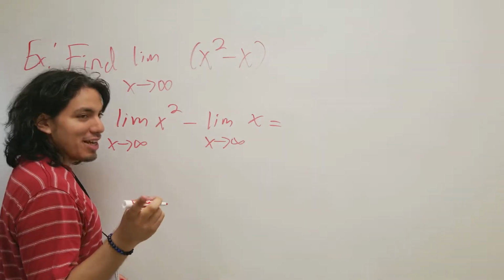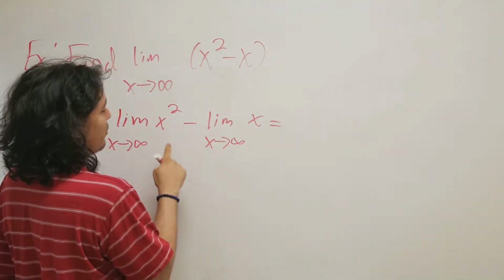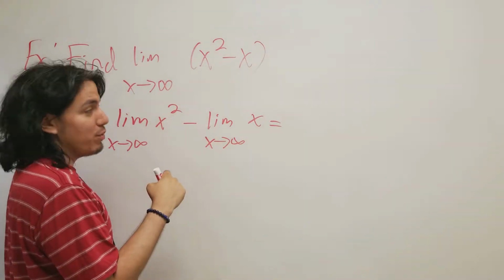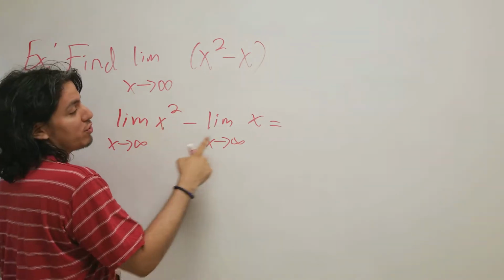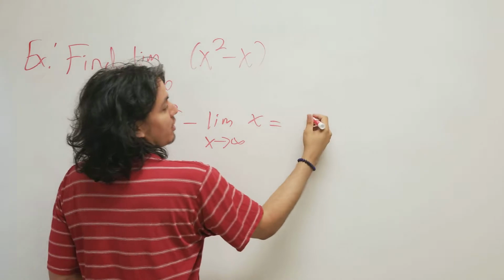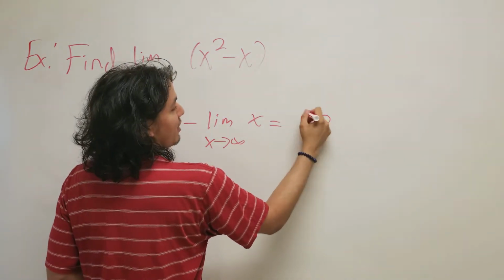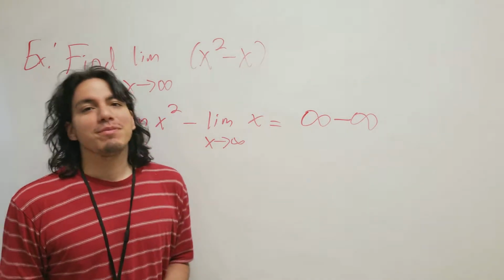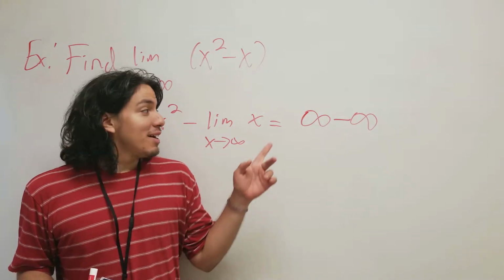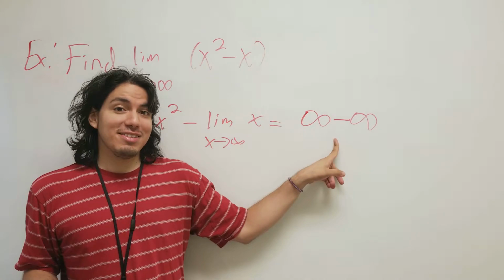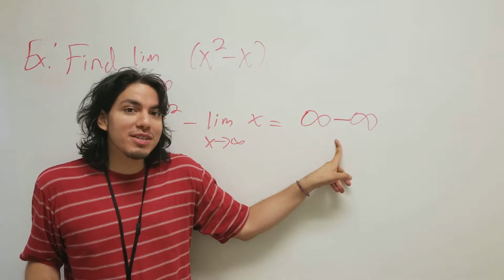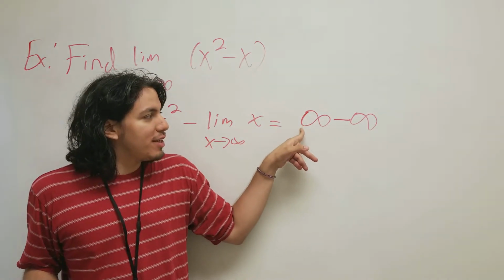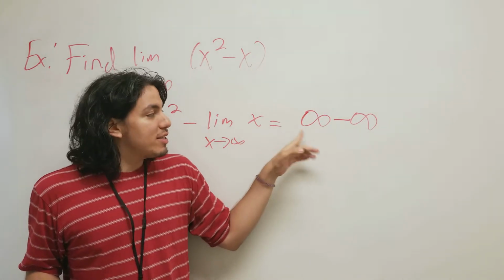I want to ask you guys, does this make sense? Based on our last example, this is going to get large. This is also going to get large. So I have infinity minus infinity. Does this make any sense? No, it doesn't. Remember, this is a notation.